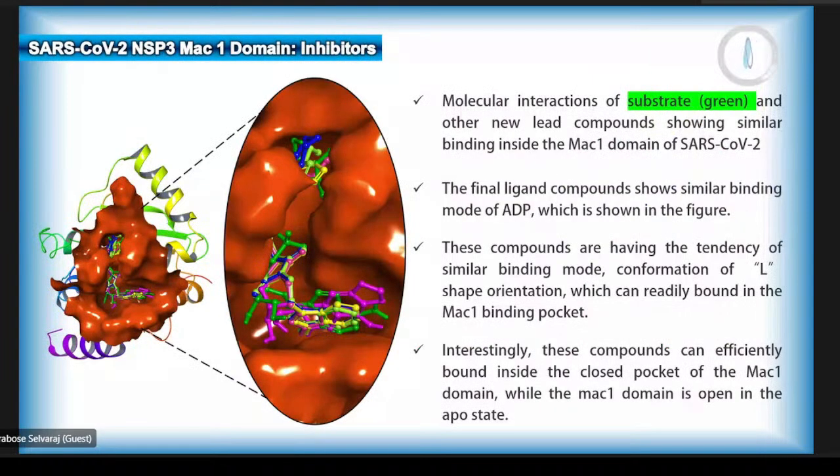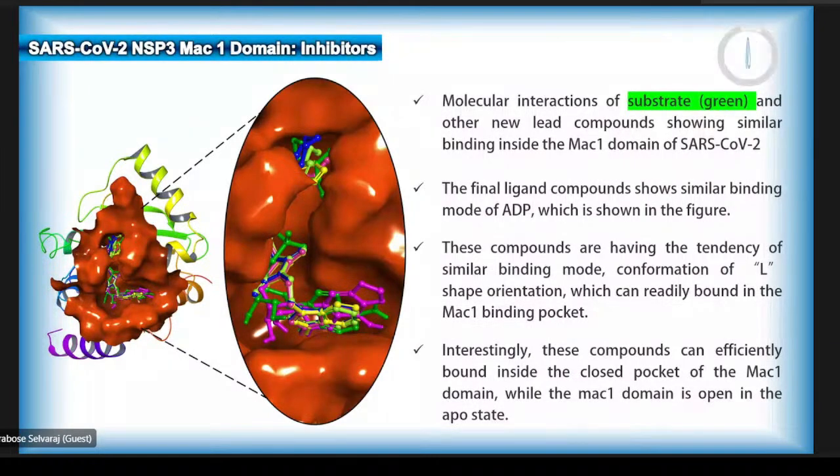We have used several docking strategies like virtual screening and structure-based screening approaches to find a drug. Here, if you are able to see the green color molecule, it is the substrate, which is ADP ribose. But we have found some more molecules which exactly mimic the structure of the ADP ribose, and we can see all the structures are placed in the L-shape.